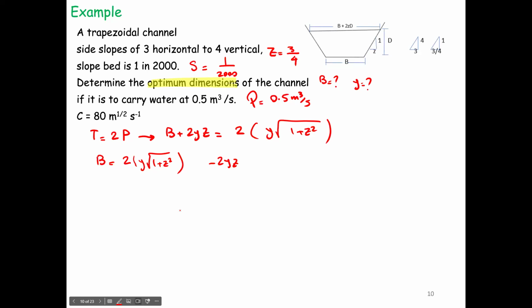So I have Z. If I replace Z, it means that I can find the relationship between B and Y. So I don't have it, but I have Z, which is 3/4, so 2Y times square root of 1 plus 9/16, minus 2Y multiplied by 3/4.